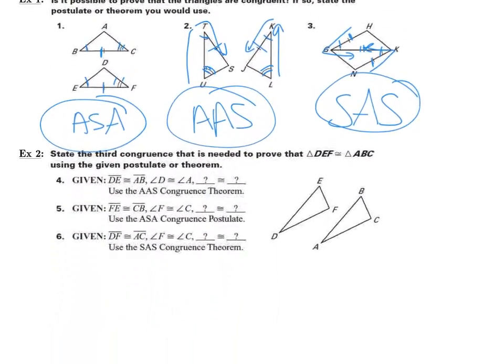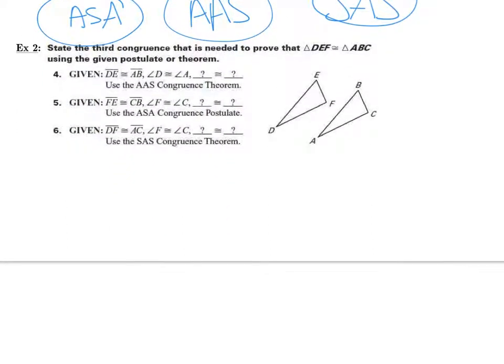Now we're going to move on to our second example. State the third congruence that is needed to prove that triangle DEF is congruent to ABC.